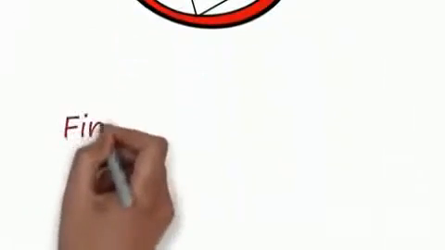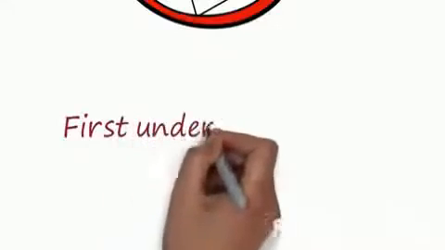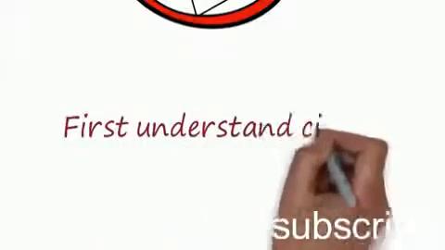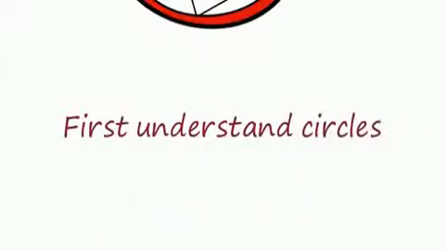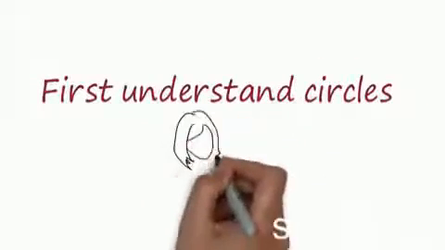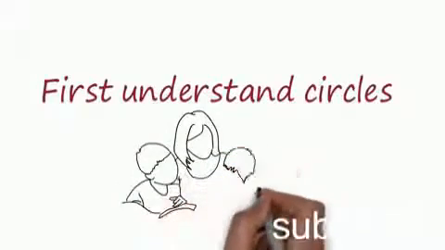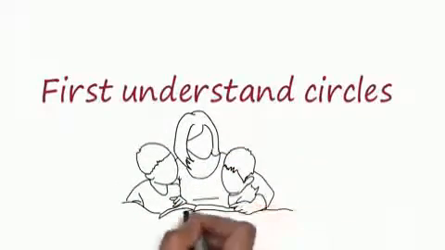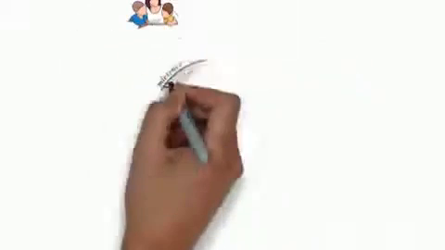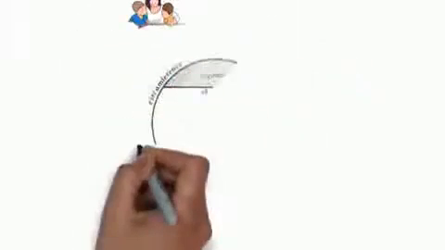Right. Before we get ahead of ourselves, what are the most important things for us to understand when we're doing psychogeometry? First of all, we need to understand circles. Just circles in general. All the circles, from the bicycles, all those circles. We need to understand their properties.